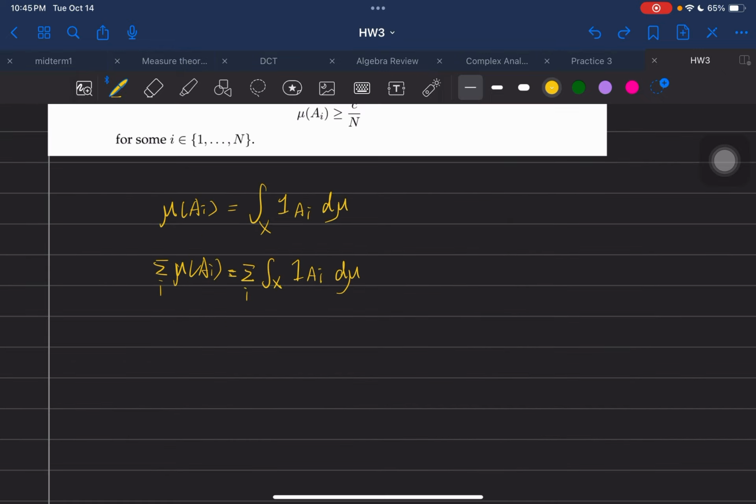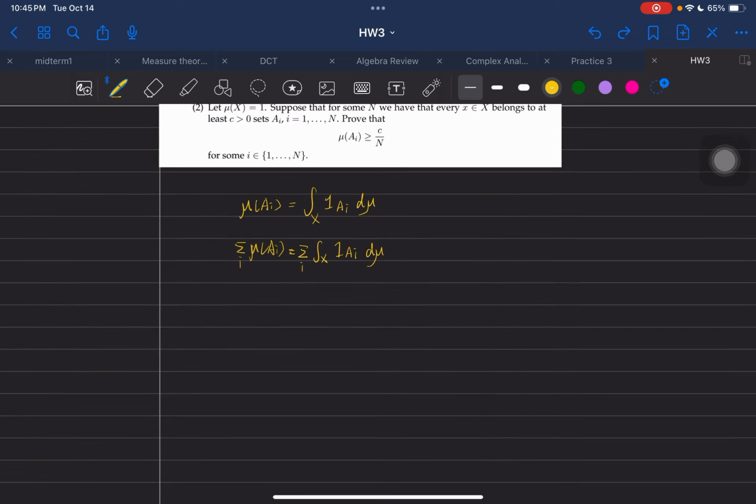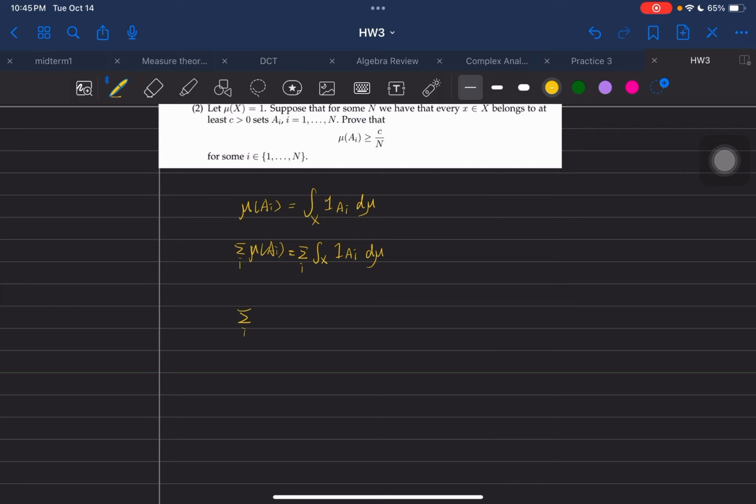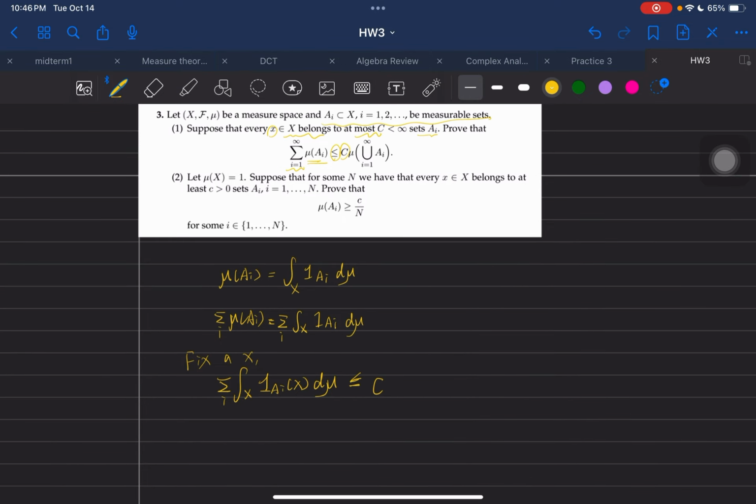So now we're gonna invoke the counting measure by saying that, let's say we fix x, and this expression basically counts how many times x belongs to each AI, which by the assumption is at most C, right?